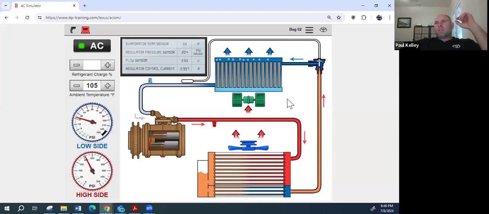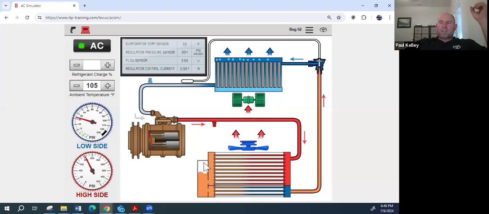Then all of a sudden it hits the high side, and a lot of times it'll boil it. Then that becomes a steam, like a big air pocket. You'd actually see your high side needle jump up at that point. And then when the moisture leaves and goes on the low side, you'd see your high side needle drop down.